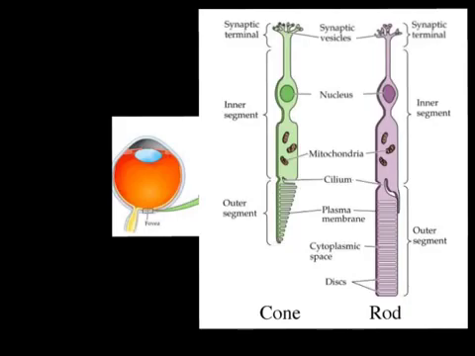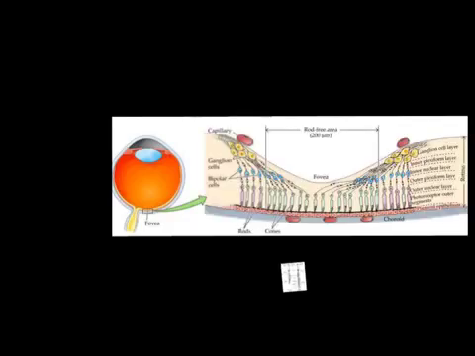And although cones are somewhat dispersed out here, they're heavily concentrated in the fovea, primarily for visual acuity and for color vision. Such that what you see in the fovea here is predominantly, or exclusively actually, cone cells, whereas when you move out into the periphery, you get many more rods and just a few cones interspersed.